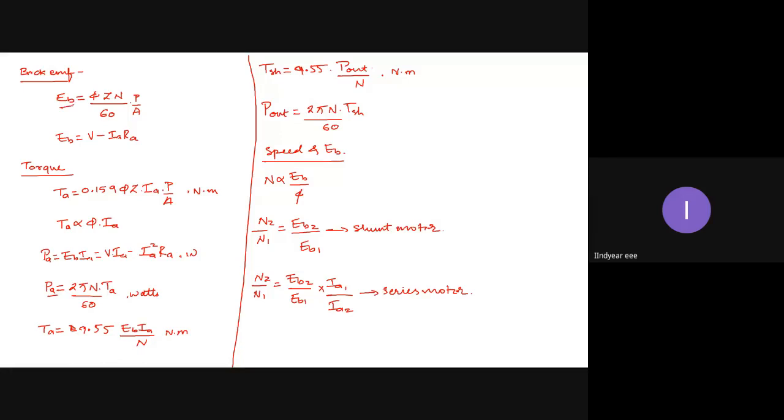But I don't get PA until I find the torque TA, which is also one of the quantities to be found. Therefore, I will use the equation of EB. In the equation of EB, phi, Z, P and A are given. Only N is unknown, and EB is unknown, but I can find EB.